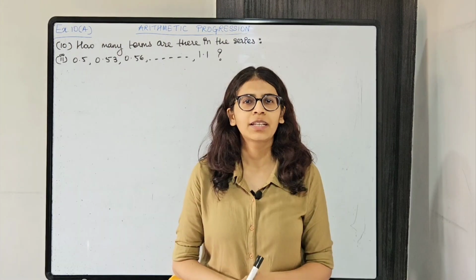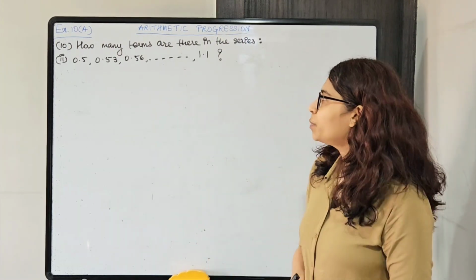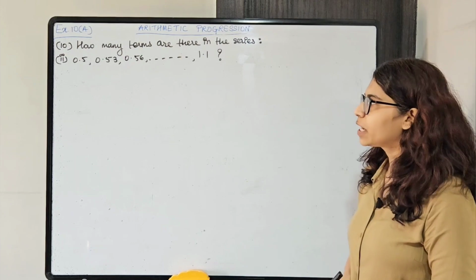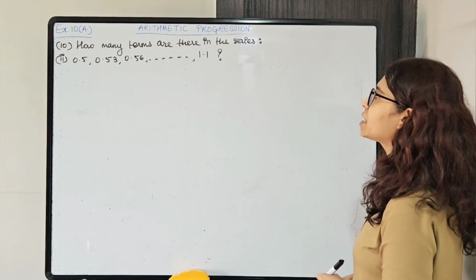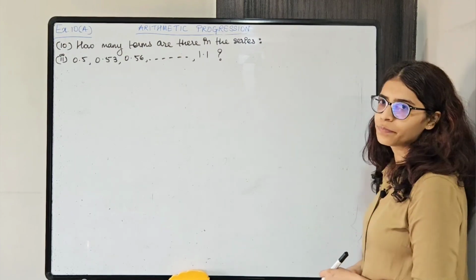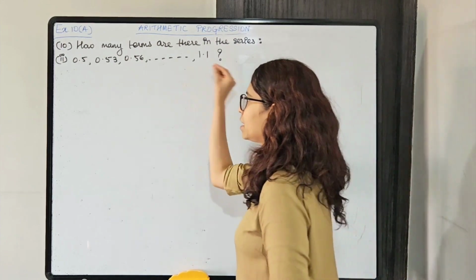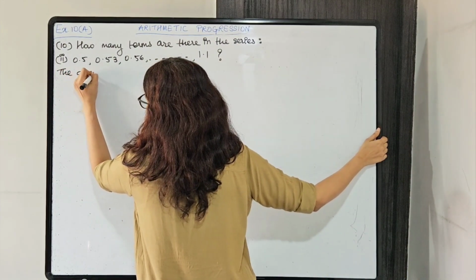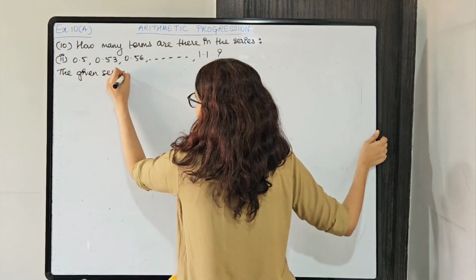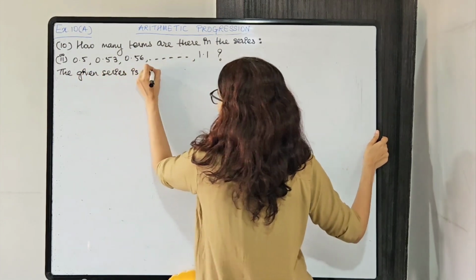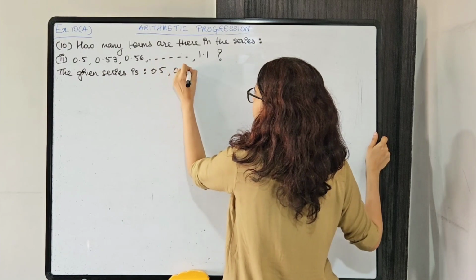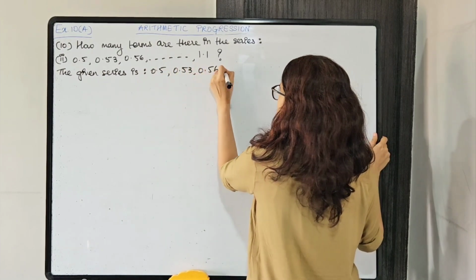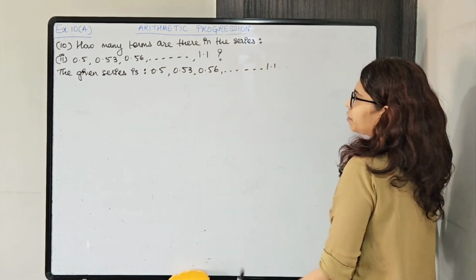Coming to part 2: how many terms are there in the series 0.5, 0.53, 0.56 up to 1.1? Again the same procedure. पहले series लिखो, so the given series is 0.5, 0.53, 0.56 up to 1.1.